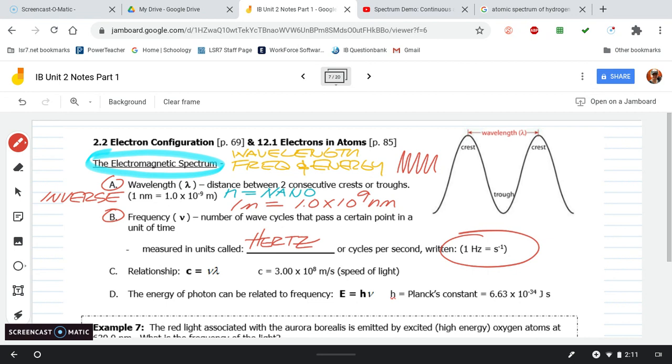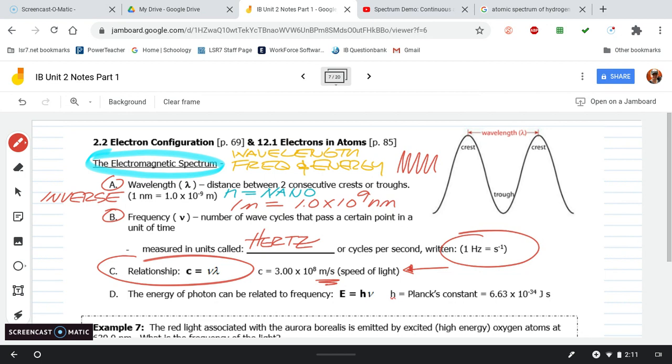All right. So here's the speed of light formula. The speed of light is a constant, always the same value: 3.00 times 10 to the 8th meters per second. That's not mass, that's meters. Here's the formula: the speed of light, c, equals your frequency multiplied by your wavelength.